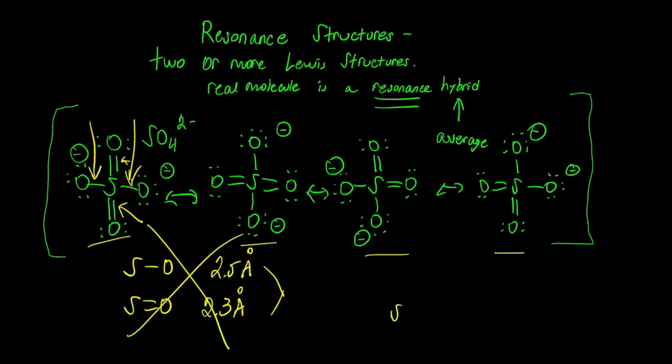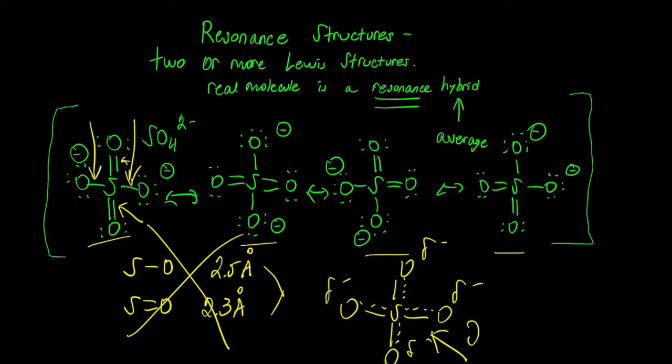We find a molecule that has bonds that are halfway in between the two extremes, okay? So we find not a minus charge on any one oxygen. We see a delta minus on all the oxygens, and we see a bond length that's 2.4, an average bond length, okay? And students ask, how is this possible? This doesn't make sense at all.